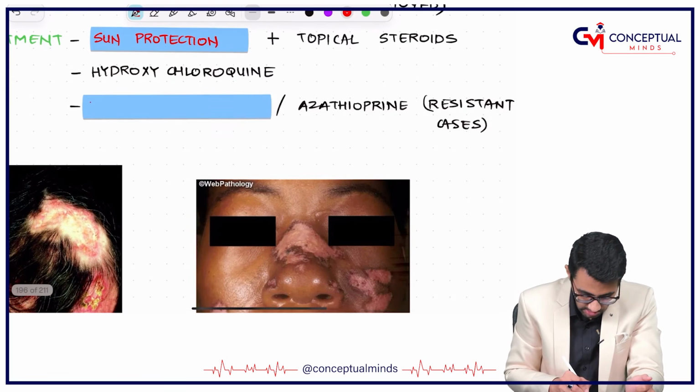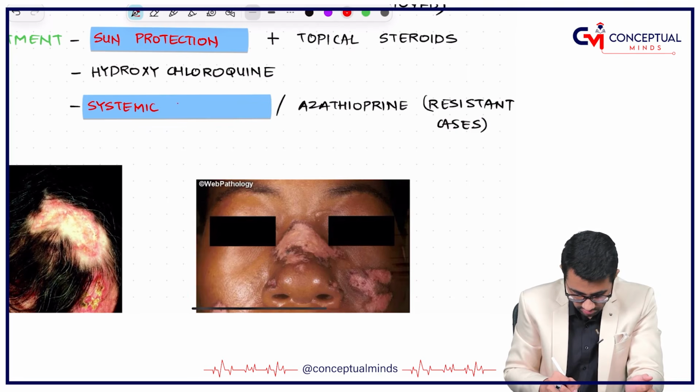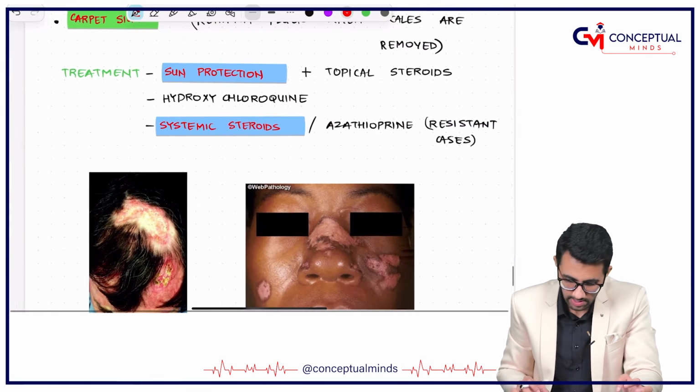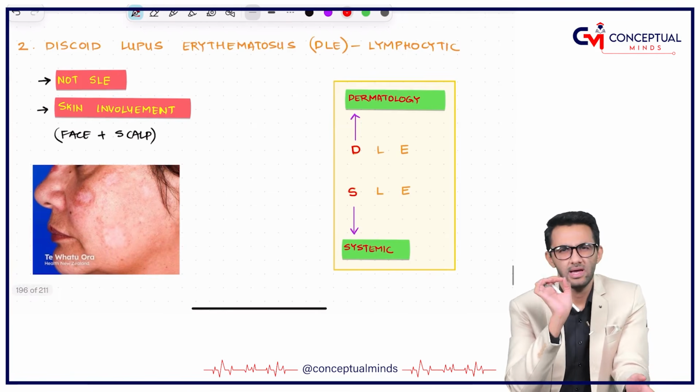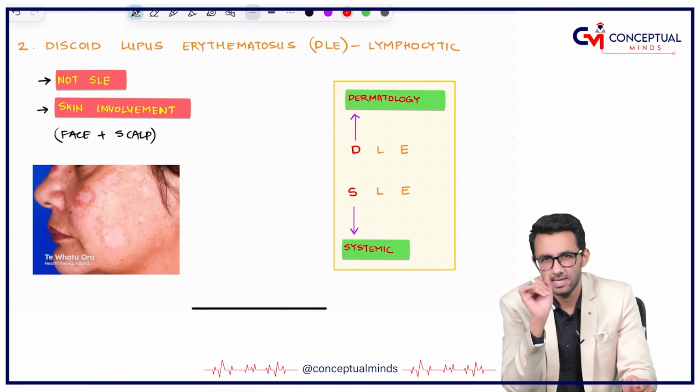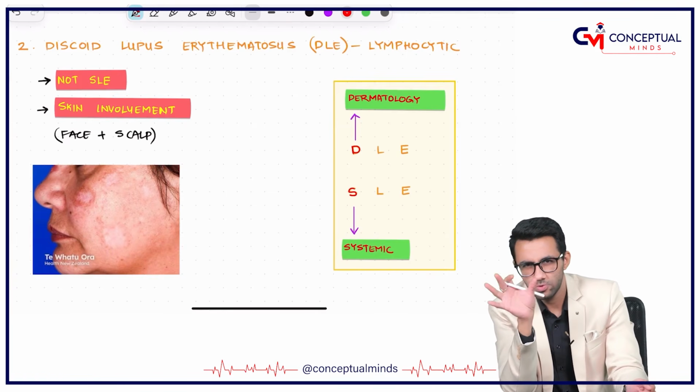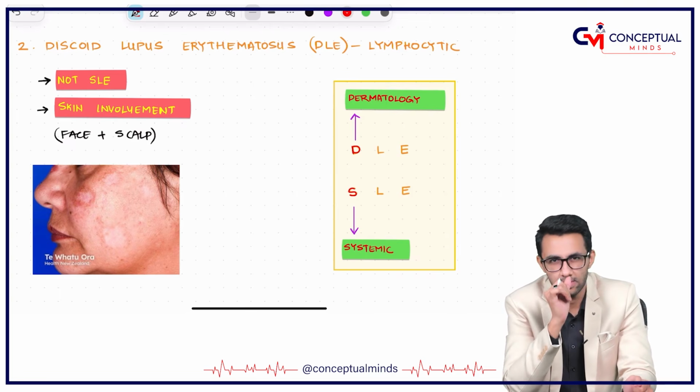Okay, that is all about DLE. So it is a very small topic, nothing much in that, but if we just remember these 2-3 things, we will never go wrong in this.